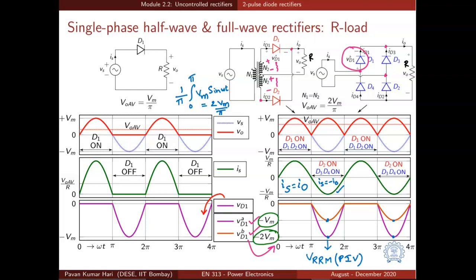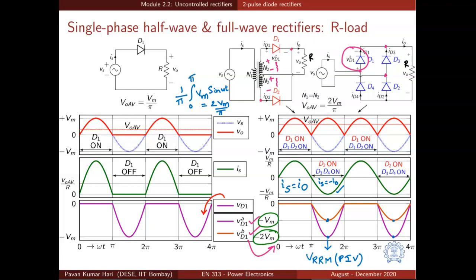That means the voltage drop across 2 diodes appears in reality, whereas in the case of a center tapped transformer rectifier with 2 diodes, there is only one diode drop that comes, either D1 conducts or D2 conducts. So this becomes more important when we deal with lower voltages.